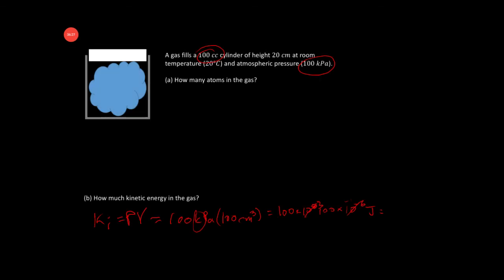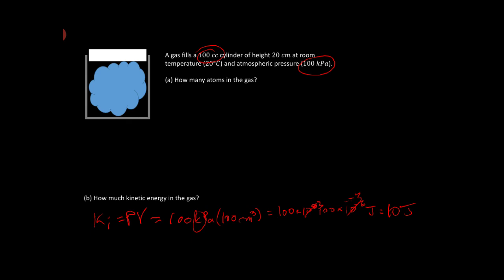I'm not going to redo it. Although I made another mistake on this in the slides. Okay, so that gives us minus 3, and then we have 1, 2, 3, 4. That's plus 4, so that's 10 joules. That's pretty good. So the internal energy of this gas is 10 joules.